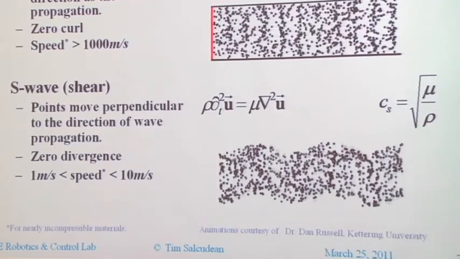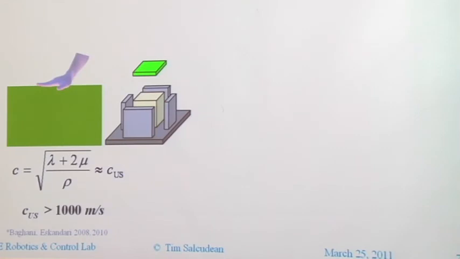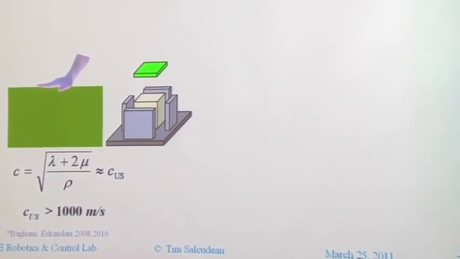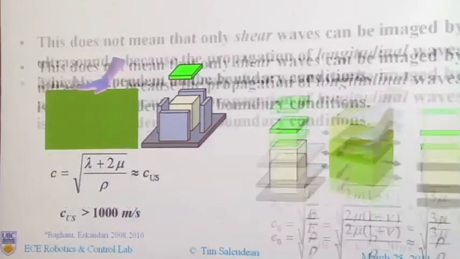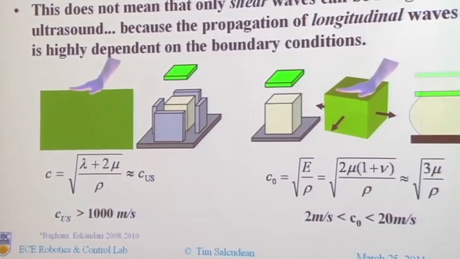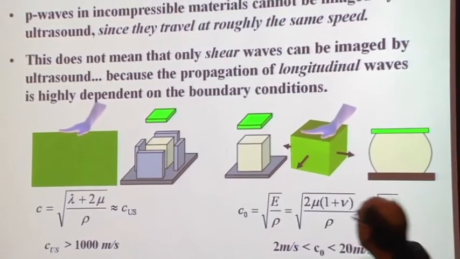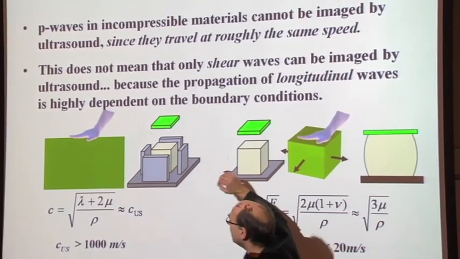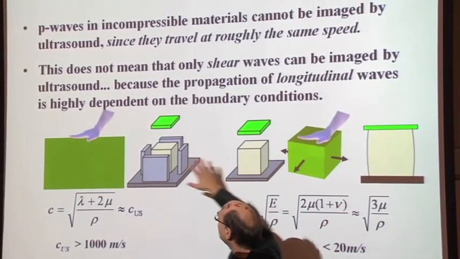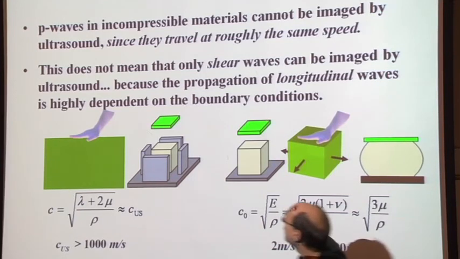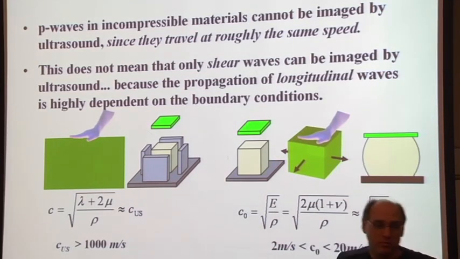We have a paper in the Journal of the Acoustical Society of America discussing what happens with the transmission of waves in viscoelastic, liquidy type solids, depending on what happens to the boundary conditions.